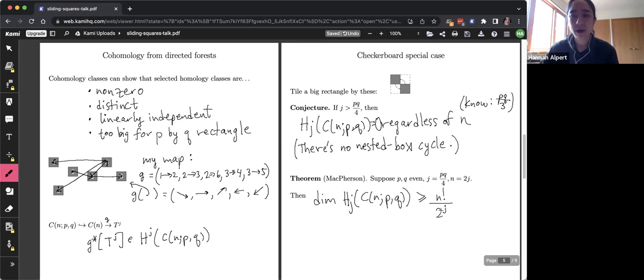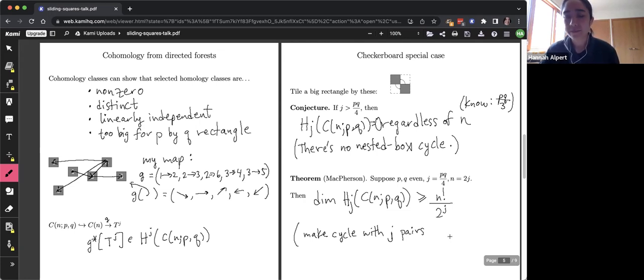So what does this number n factorial over 2 to the j represent? Well, we can make one cycle that has these j pairs going around. That's one non-zero element of this homology. And then you can look at what happens if you take that one cycle and then you permute the labels.